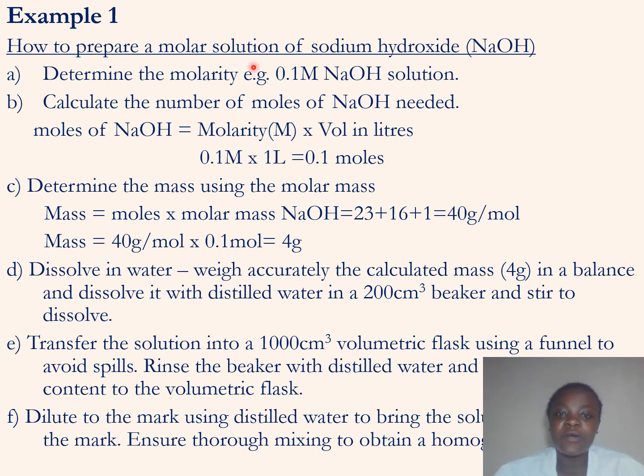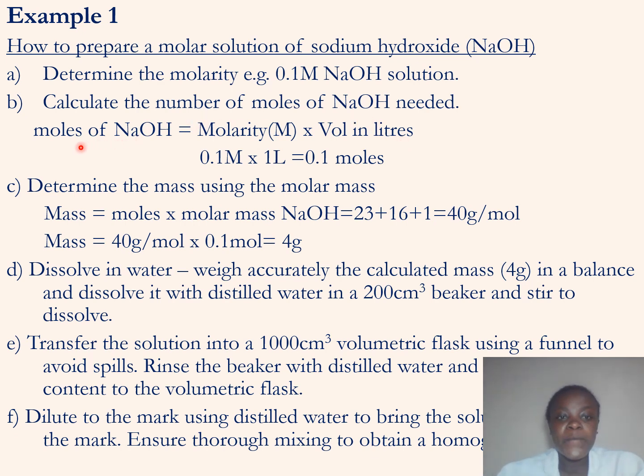So from there, the next step is to find the number of moles so that it will assist us to get the mass that we are going to use to prepare this solution. So with the molarity and volume, we are going to calculate the number of moles of sodium hydroxide that is going to be used. So sodium hydroxide is our solute.